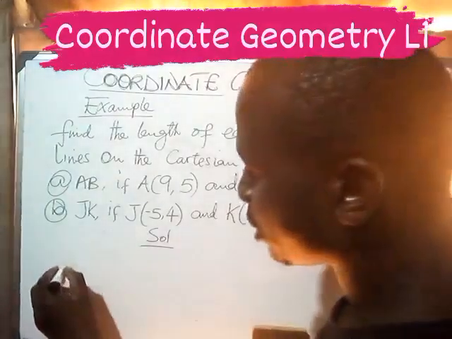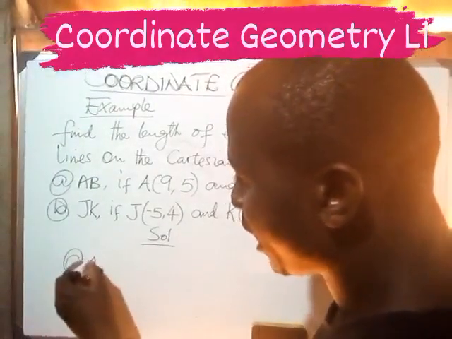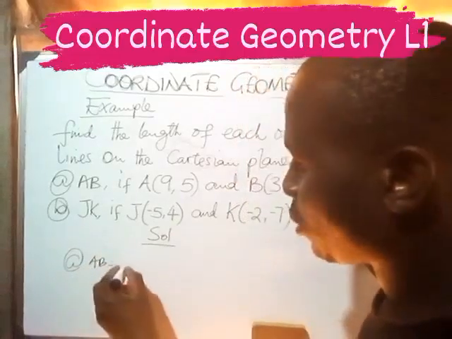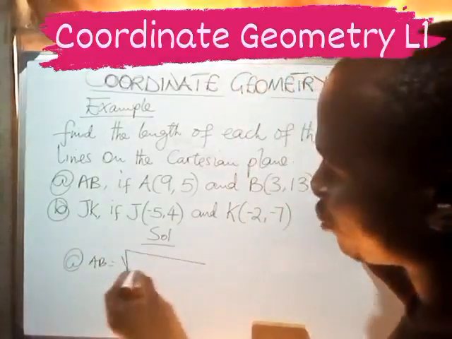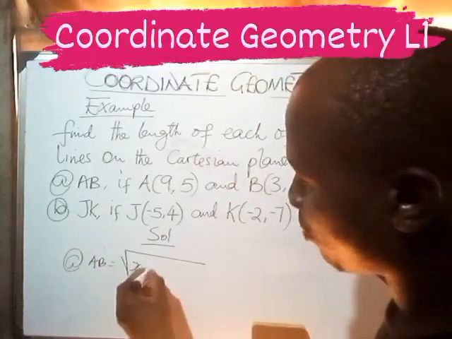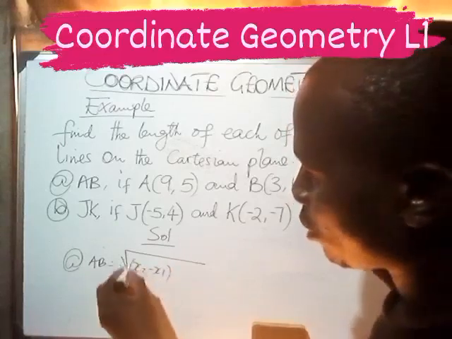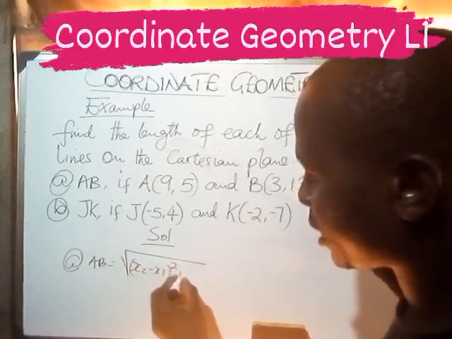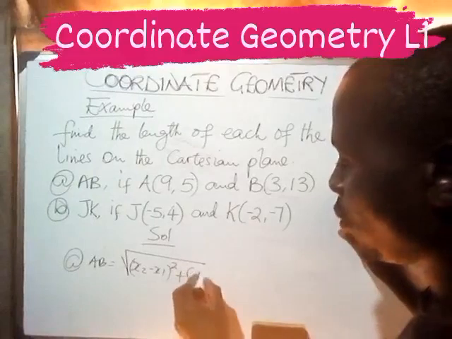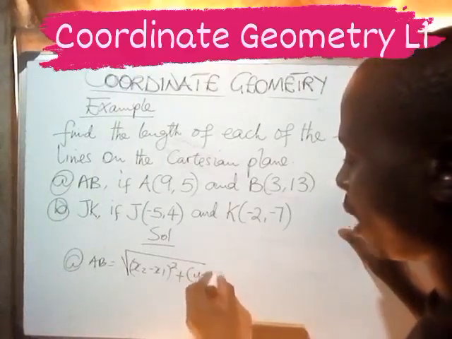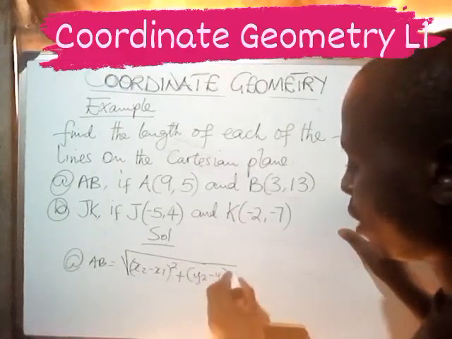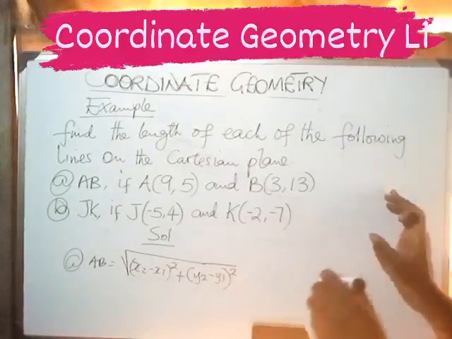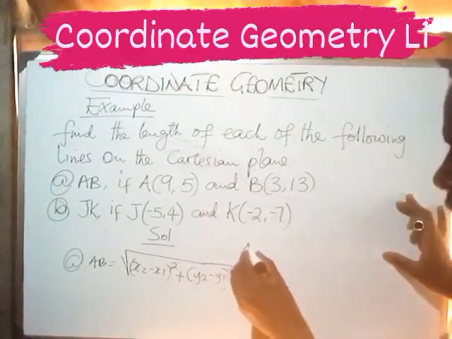So for A, we'll say AB is equal to, we use the formula which you have been given, which is x2 minus x1. Whatever we get, we square it, then we come to plus y2 minus y1, whatever you get, you square it. Now, which one is our A?